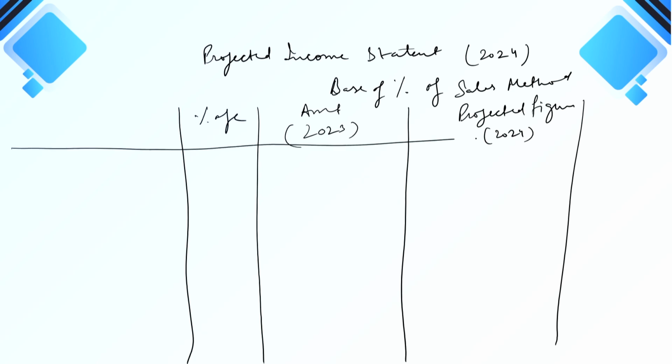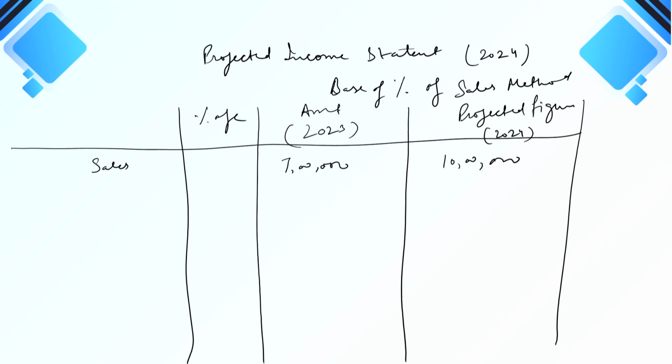So the first item provided is sales, which is given 7,40,000 for the year 2023, and in the adjustment it is mentioned that the sales are expected to be 10 lakh rupees in the year 2024.